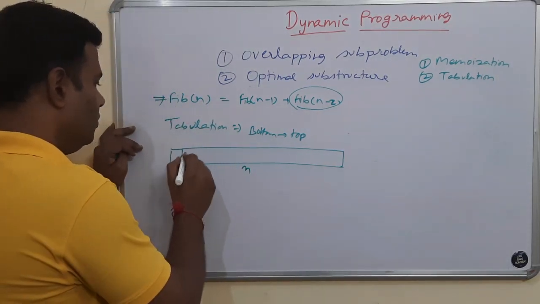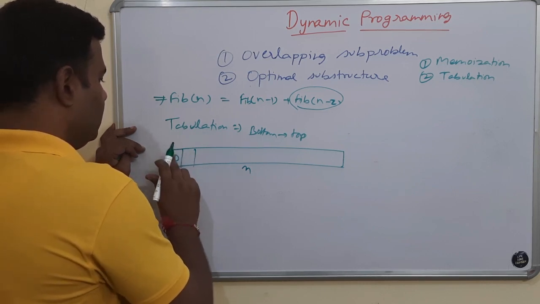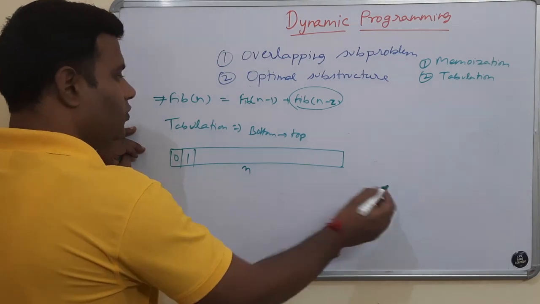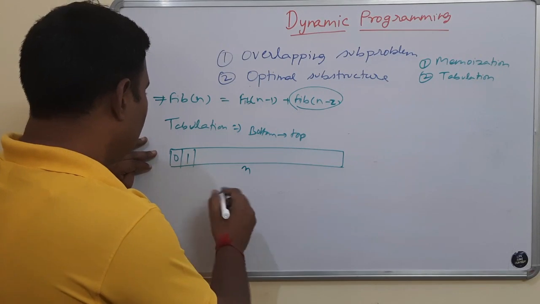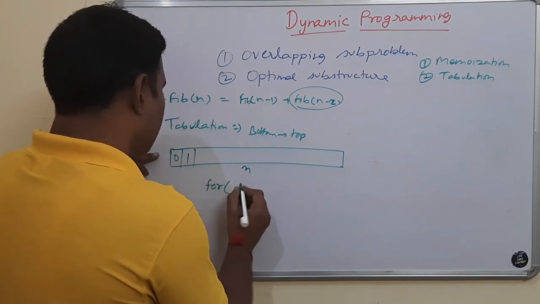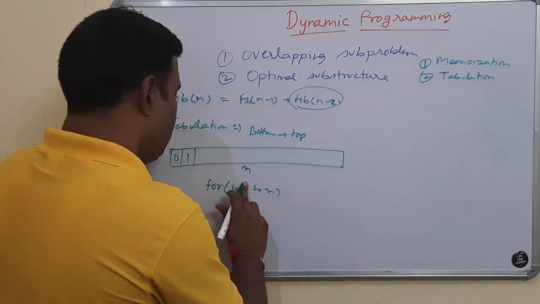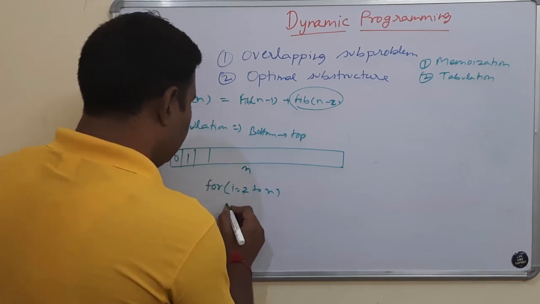Now from 0 to 1, 0 is added here, right, and then 1, and then just continue. So continue means an iterative approach. For loop, i equal to 0 to n, or let's say here in this case 0 and 1, 2. So what will be the case?